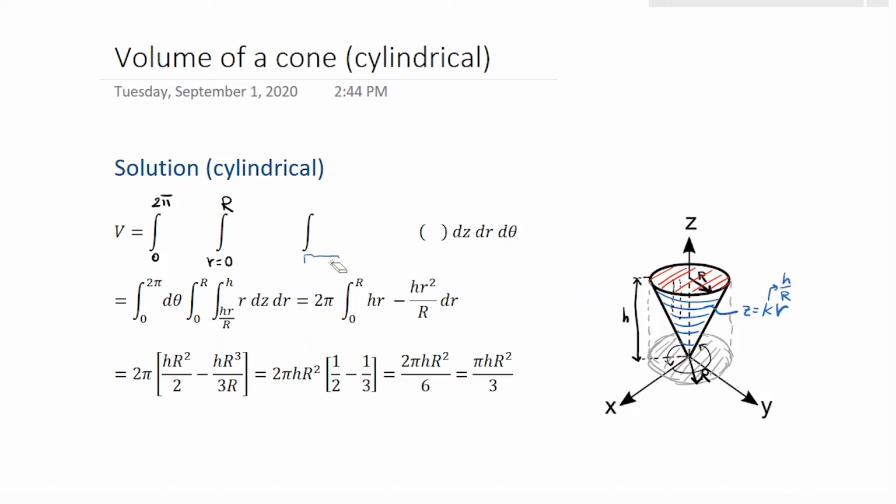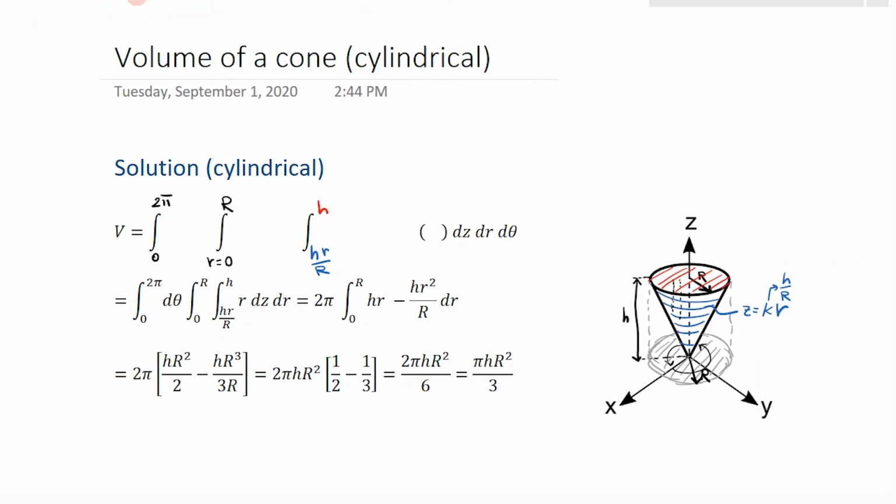So this is h r over capital R, and then the upper bound is just h. The red one is z equals h.